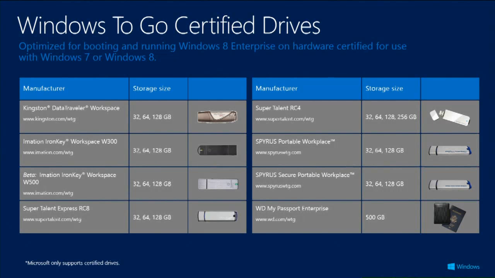You can't use it as a storage device separate from Windows to Go today. It would only be for Windows to Go purposes, and you could store a lot of data on it when you're using Windows to Go, but you couldn't partition it separately and use it as multiple things. Oh, you can use it across multiple PCs.